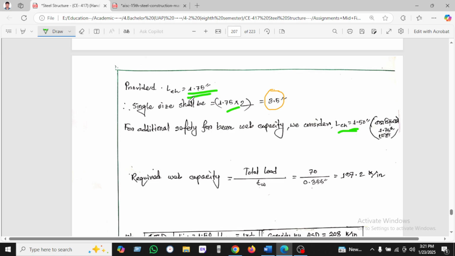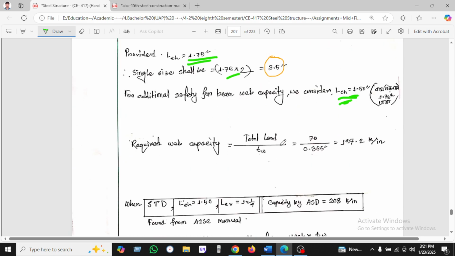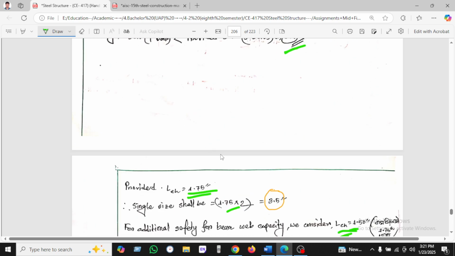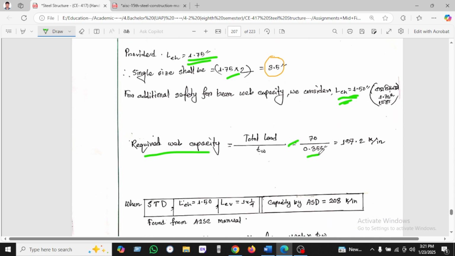We have provided 1.75, but now we consider 1.35 for safety purposes. So the required web capacity, total load, we have found, dead load plus live load, which is 70, divided by 0.335, the thickness of the web, and found 197.2 kip per inch.